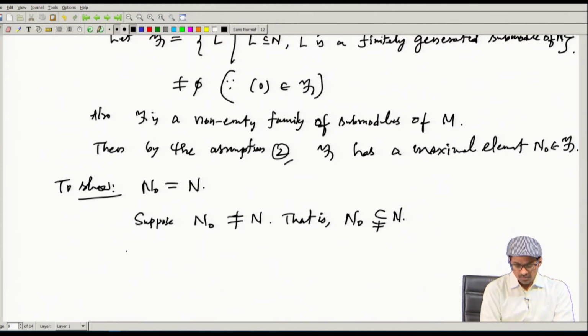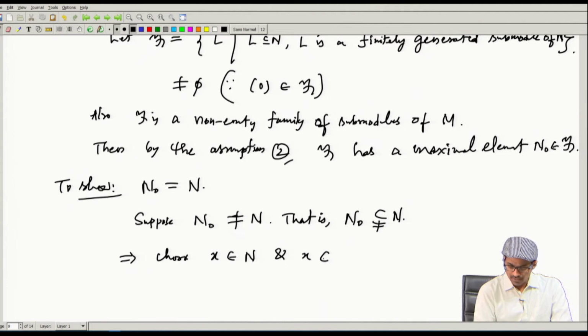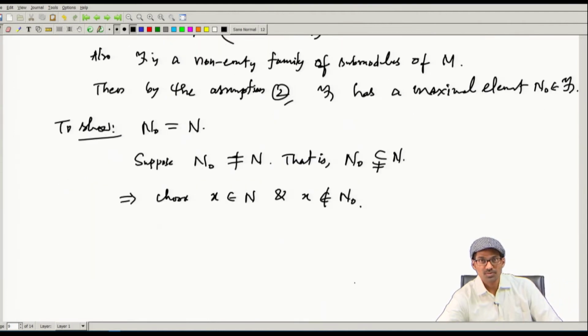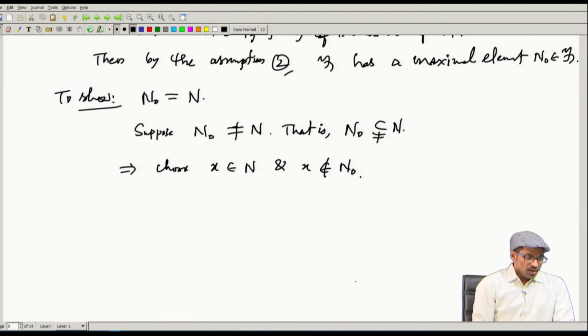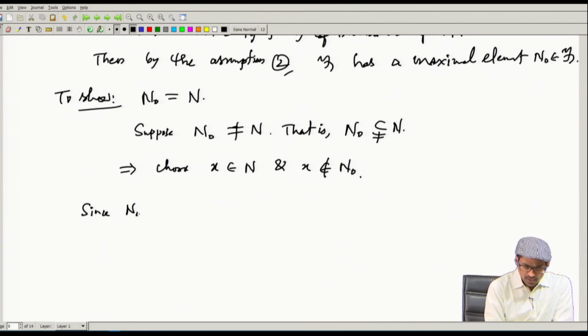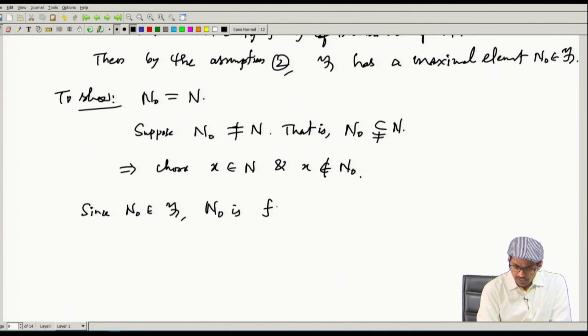Okay. So, choose an element x which belongs to N and x does not belong to N naught. Since N naught belongs to the family, N naught is finitely generated.